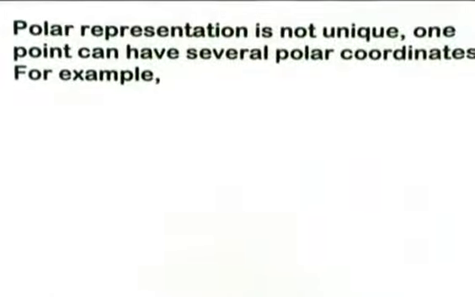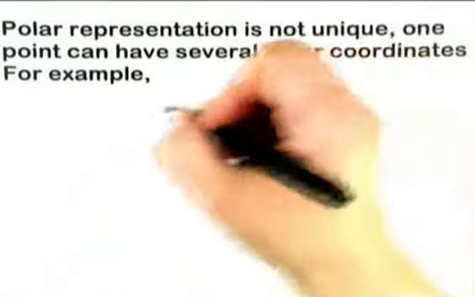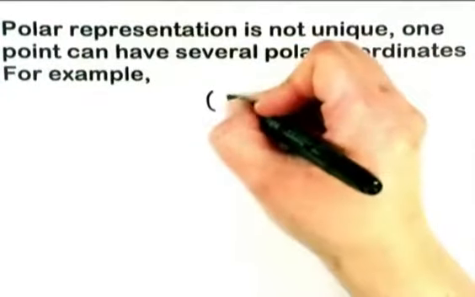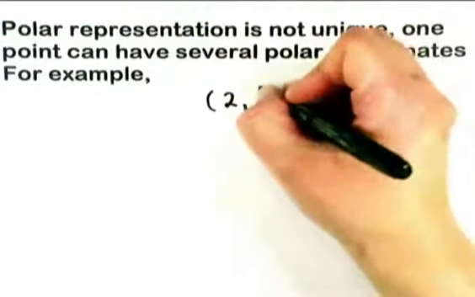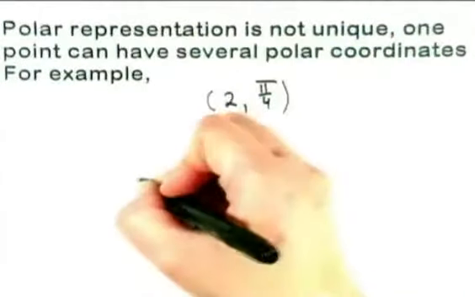Now, polar representation is not unique. What does that mean? That means that one point can have several polar coordinates. For example, if I have a point that has (2, pi over 4), pi over 4 we know is 45 degrees.